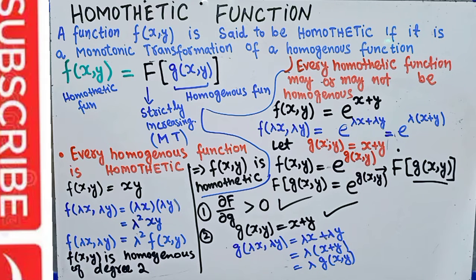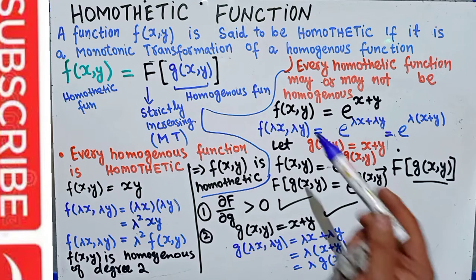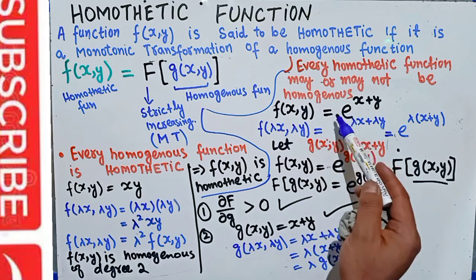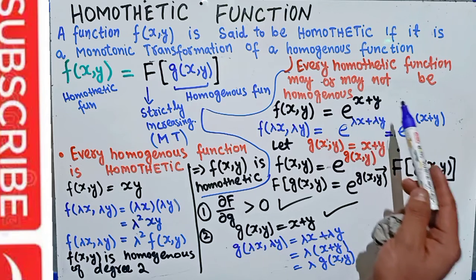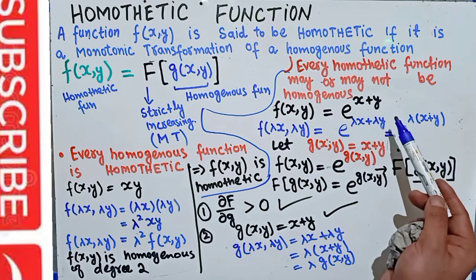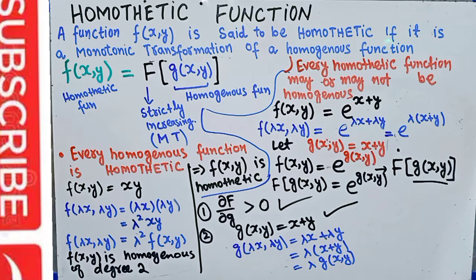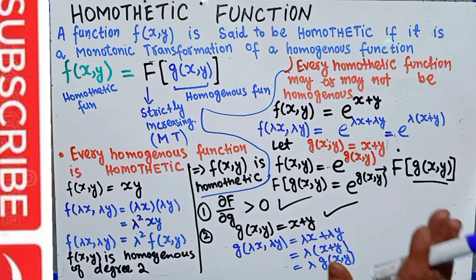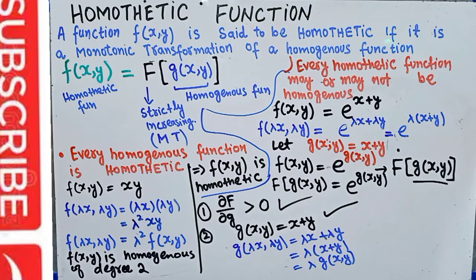Let me take another example to explain this point again. I am saying that f of xy is equal to e to the power x plus y is homothetic, but it is not homogeneous. So for homotheticity, we need to prove two things.